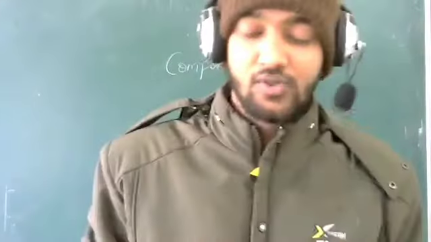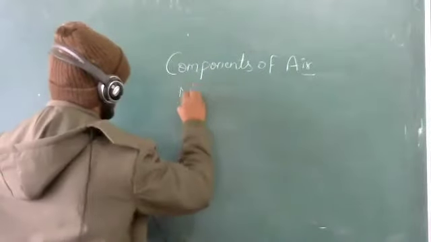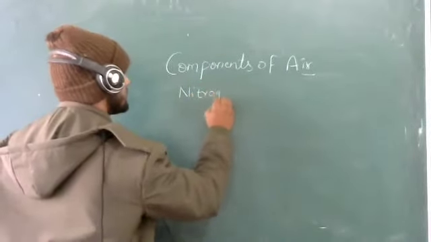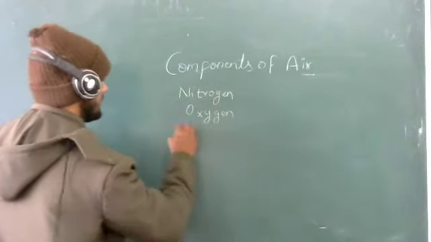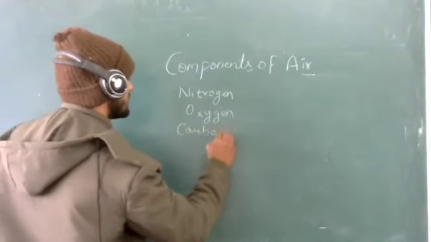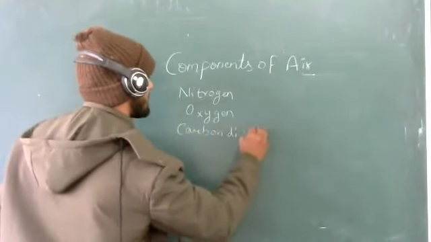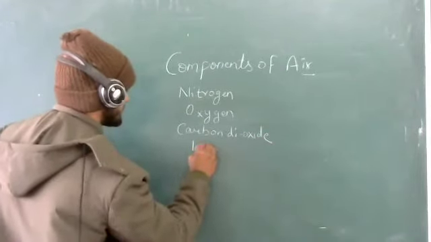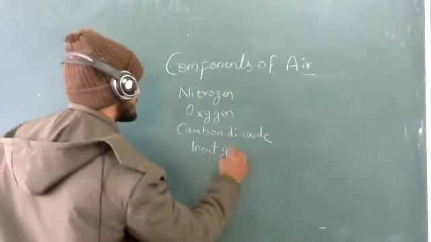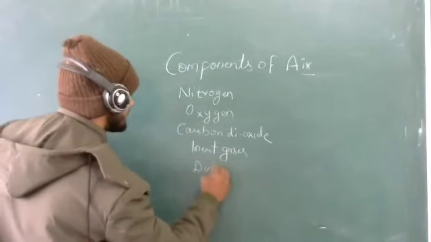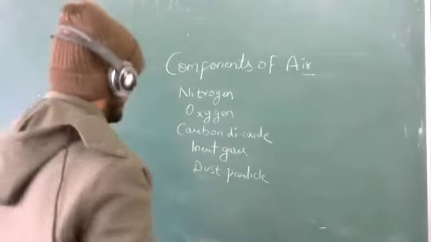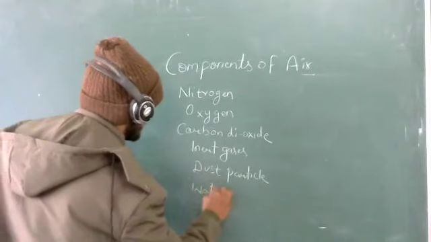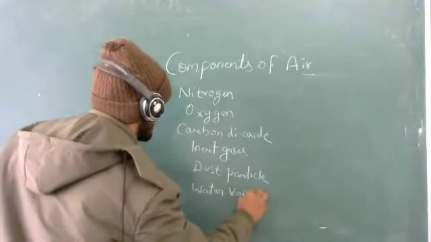The components of air: the first component is nitrogen, which is the most abundant gas. Then oxygen, carbon dioxide, inert gases, dust particles, and water vapor. These are the components of air.